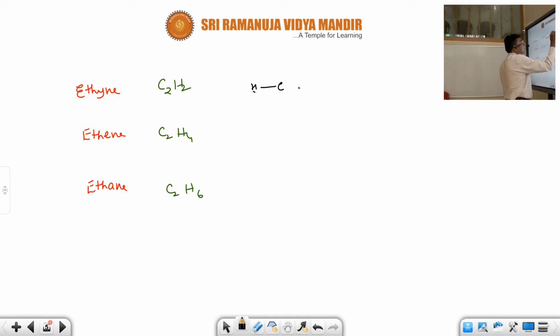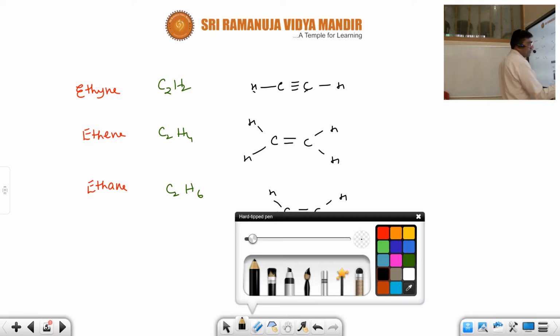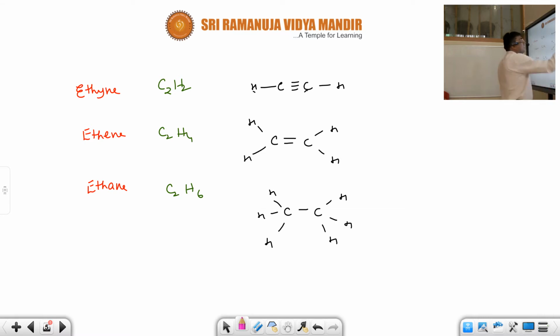So H, C, triple bond C, H. Here the structure of C2H4 is as follows, and C2H6 is as follows. Now let us understand here. This is SP hybridization, this is SP2 hybridization, and this is SP3 hybridization.